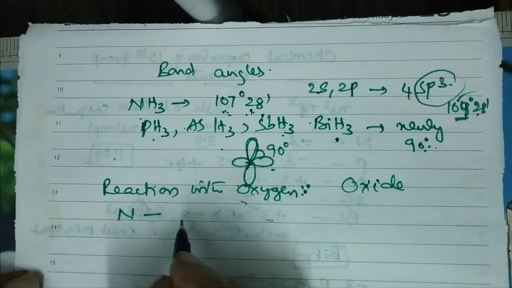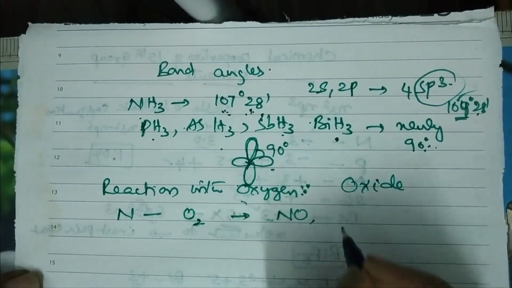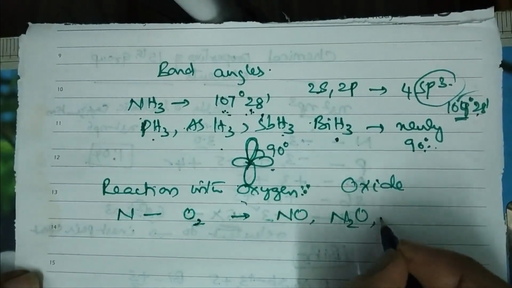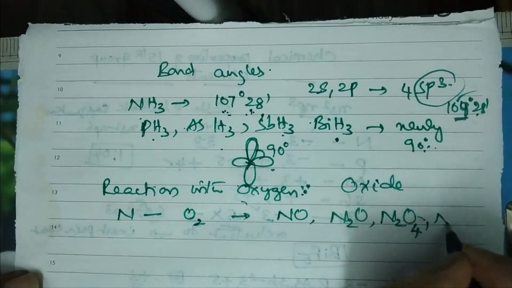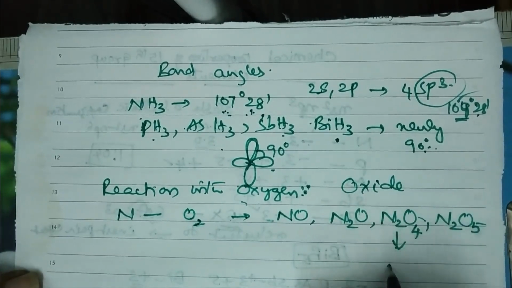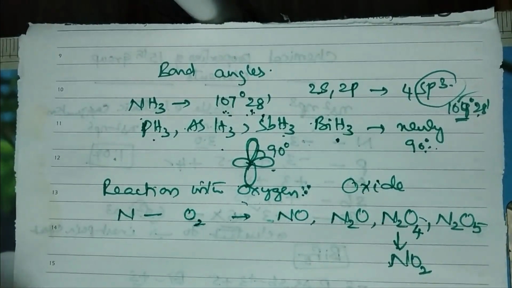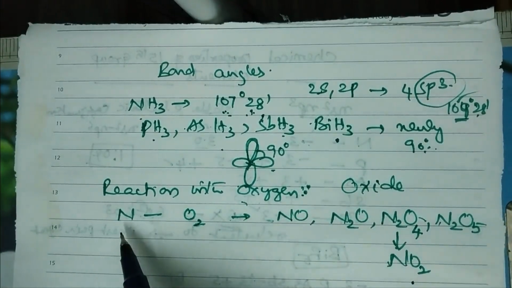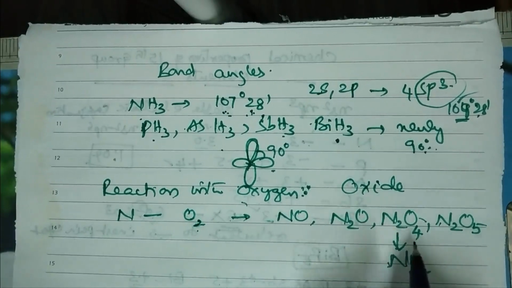Nitrogen reacts with oxygen to give nitrous oxide, nitric oxide, nitrogen dioxide, dinitrogen tetroxide, and dinitrogen pentoxide. This N2O4 is also called nitrogen dioxide, NO2. So we have 5 types of oxides formed when nitrogen and oxygen combine.